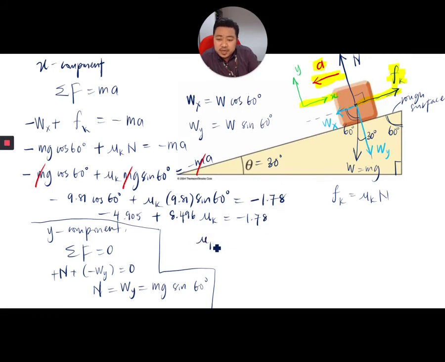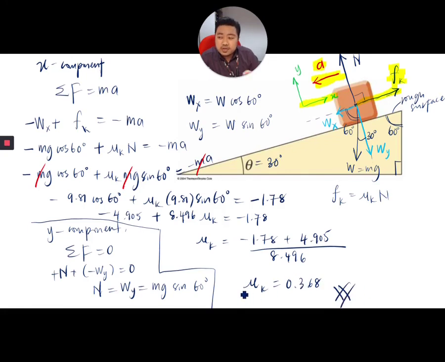So mu k is going to be equal to negative 1.78 plus 4.905 over 8.496. So mu k is equal to, right, the answer that I have obtained is 0.368, and that is going to be the correct final answer.